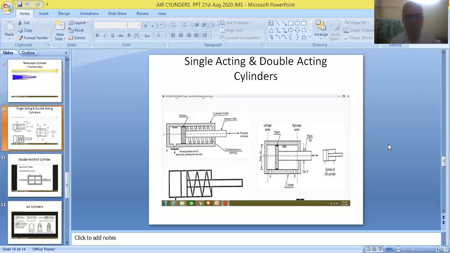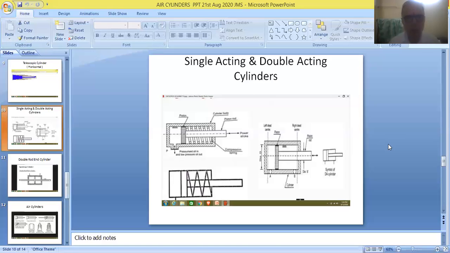Because the fluid is acting only on one side of the cylinder, one port is sufficient for operating a single acting cylinder. That is called the cylinder port, and it is made on the left hand side of the piston.